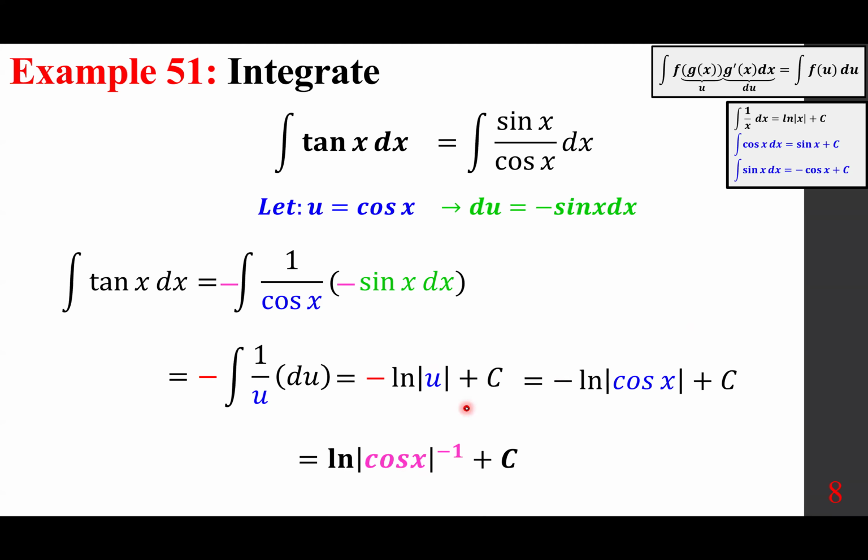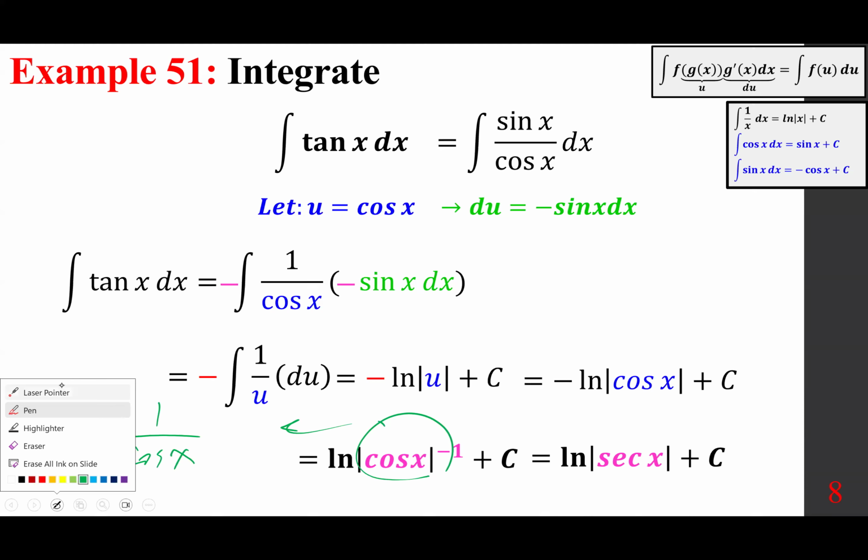Cosine x to the power of -1 means 1 over cosine x, which means secant x. So ln of absolute value of secant x plus a constant is the final answer.